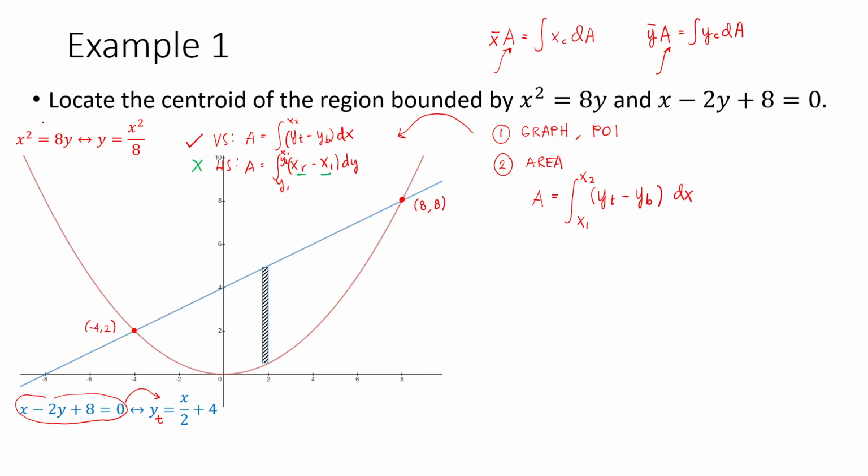And then for the red graph, this will be the equation, and again, we're going to isolate y. Since the equation is in terms of x, y equals x something. So this will be our y bottom.